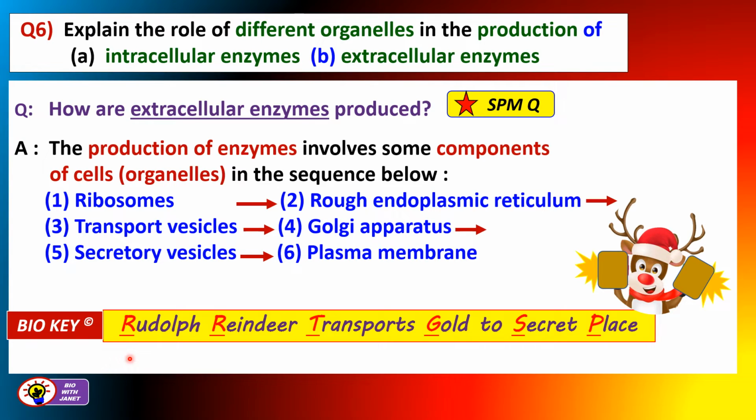And this genetic code is sent out to the ribosomes by using mRNA, which we have studied in the previous chapter. Then this code is used by the ribosomes to produce the proteins. Okay, so we will talk about this role of the nucleus in the next slide. So if you want to add in the nucleus at the beginning, you can put an N here. So Nice Rudolph reindeer transports gold to secret place. N is for nucleus.